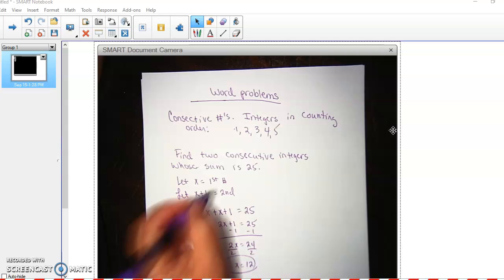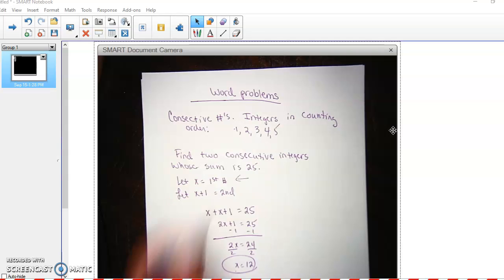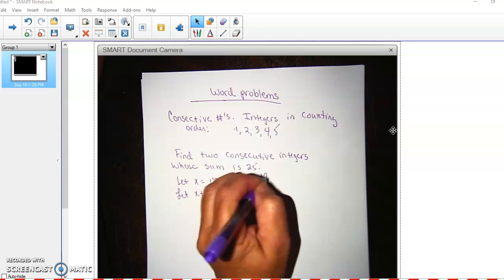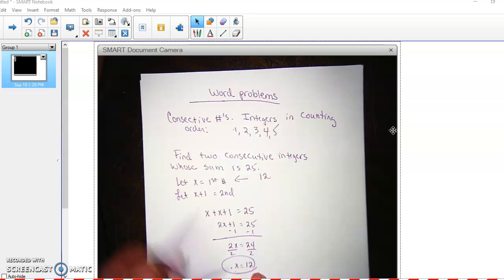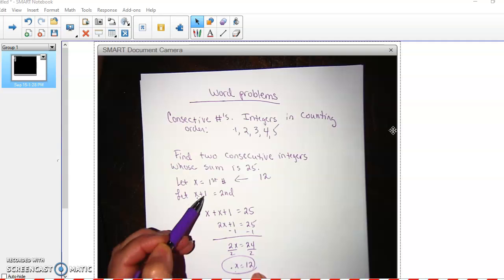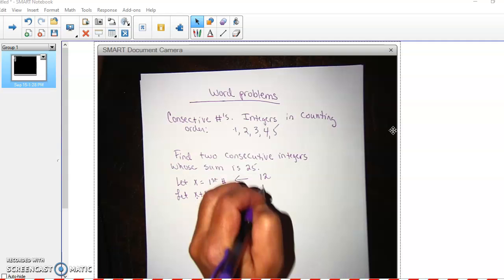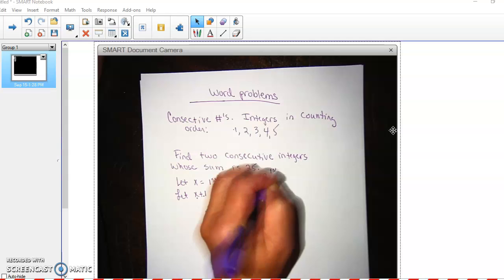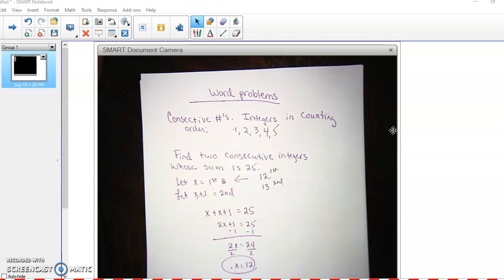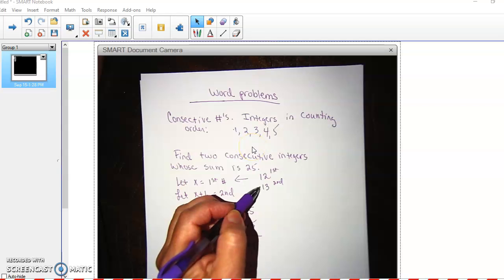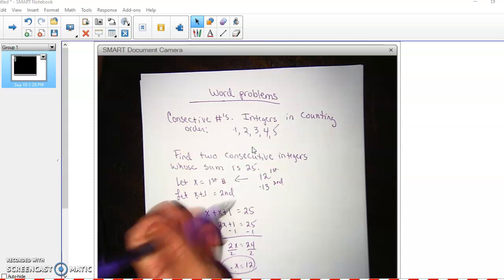So x is my first number, 12. To find my second number, I substitute my 12 in here and add 1 more, and it gives me 13. To check, they're consecutive numbers, right? 12 and 13. If I add those together, it should give me 25, and it does.